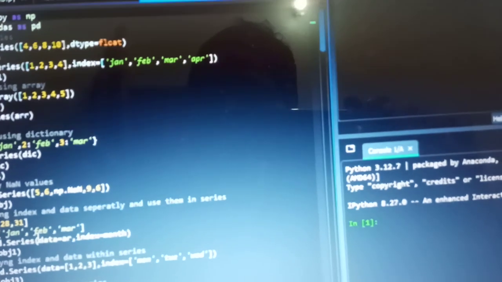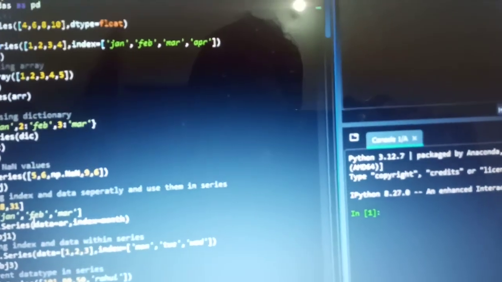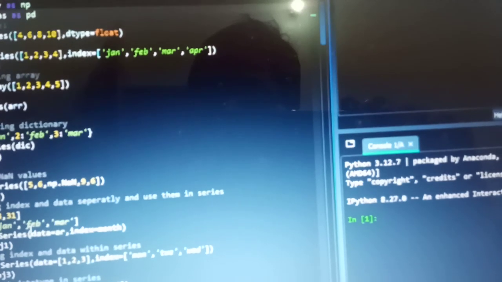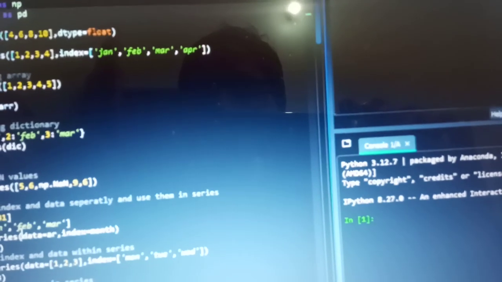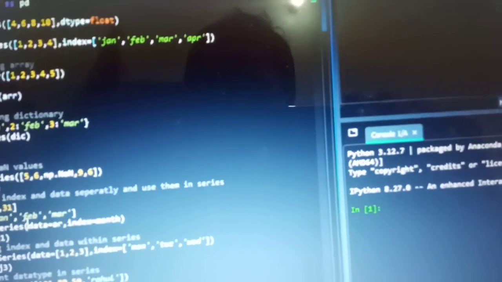Then plus and equal to signs are operators, and a and b are the operands, and the c in a plus b equal to c is the result that we get after the operations.